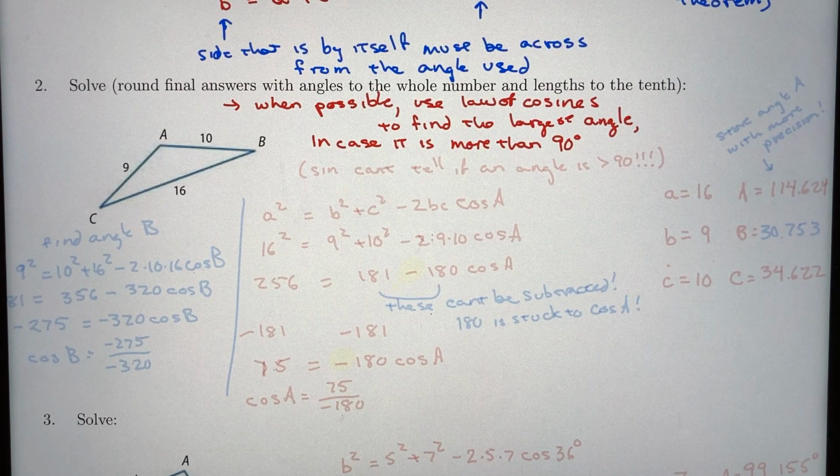Once I've got one of the angles, then I will have an angle and a side across from it. The problem is the law of sines: sine of 85 and sine of 95 are the same number. Sine can't tell the difference between an angle that's less than 90 and one that's greater than 90. If it's supposed to be greater than 90 and you use the law of sines on it, it'll screw it up. So be careful with that.